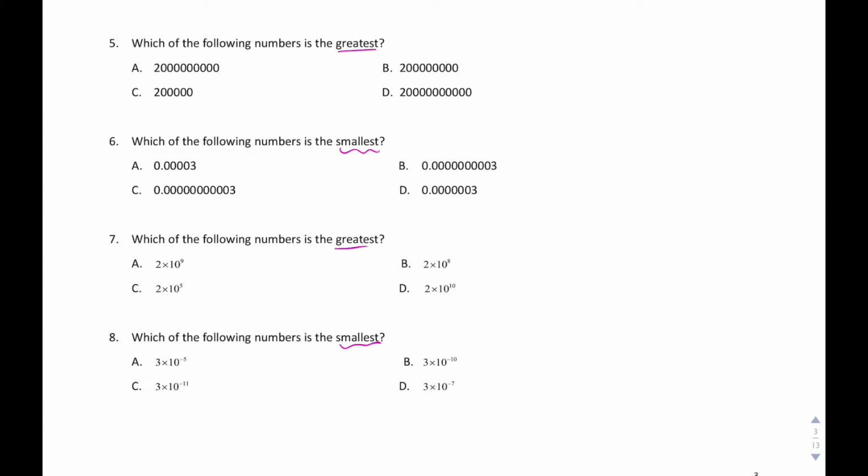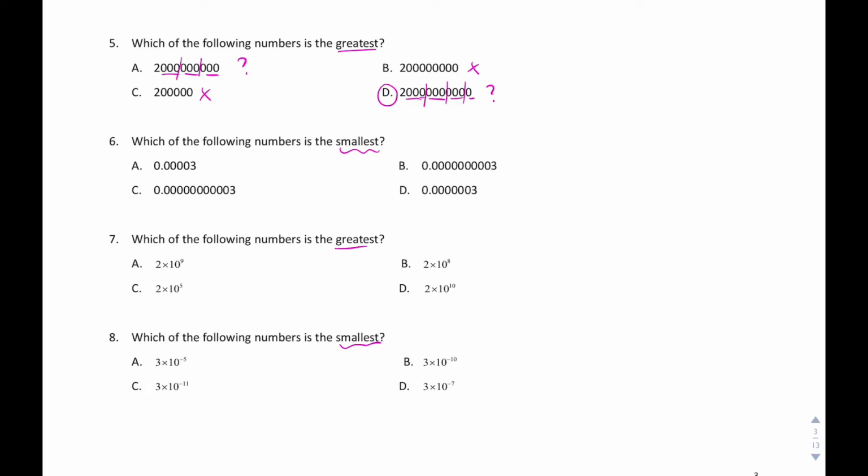Okay, I think it is not difficult to find that C and D are not the answer, but A or B should be the greatest. You have to count the number of zeros. There are 9 zeros for A. And for B, there are 10 zeros, so B is the greatest.